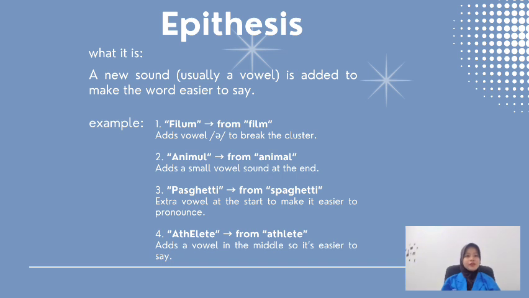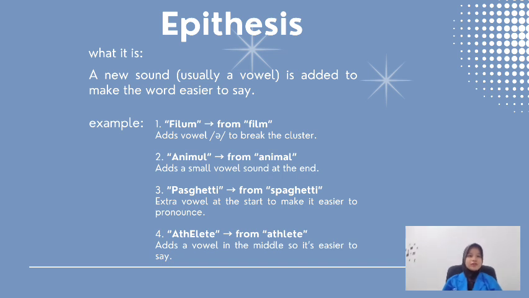Example number one, film, from filum. A vowel is added to break up that difficult consonant cluster at the end. Example number two, animal, from animal. A small vowel sound is added at the end. Example number three, spaghetti, from spaghetti.